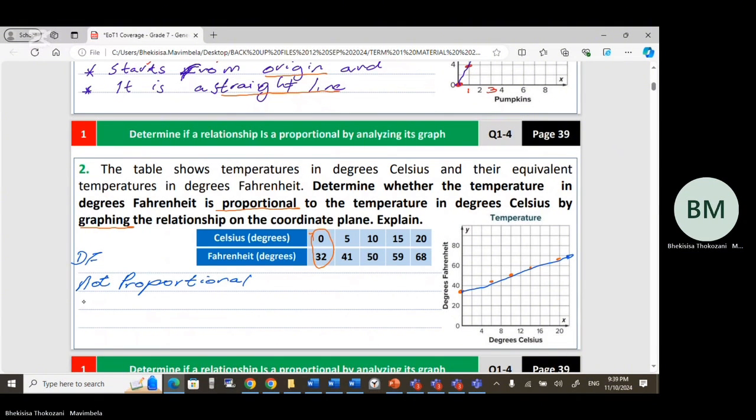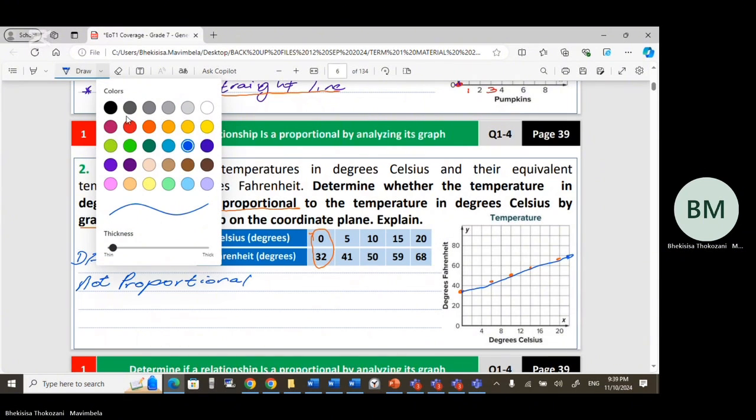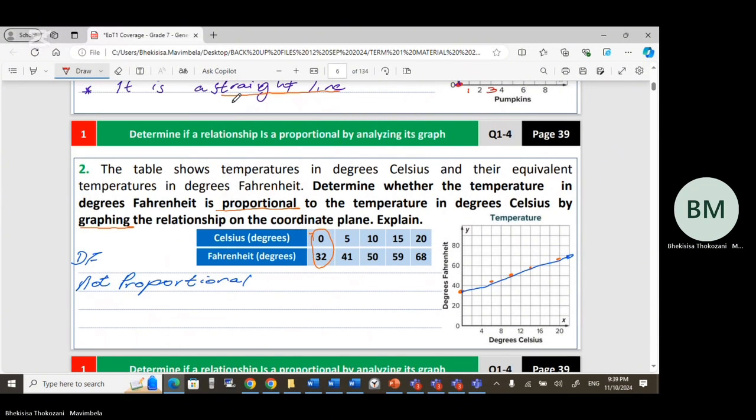And why? Because you need to remember why. We can say because the graph does not pass through 0 or through the origin.